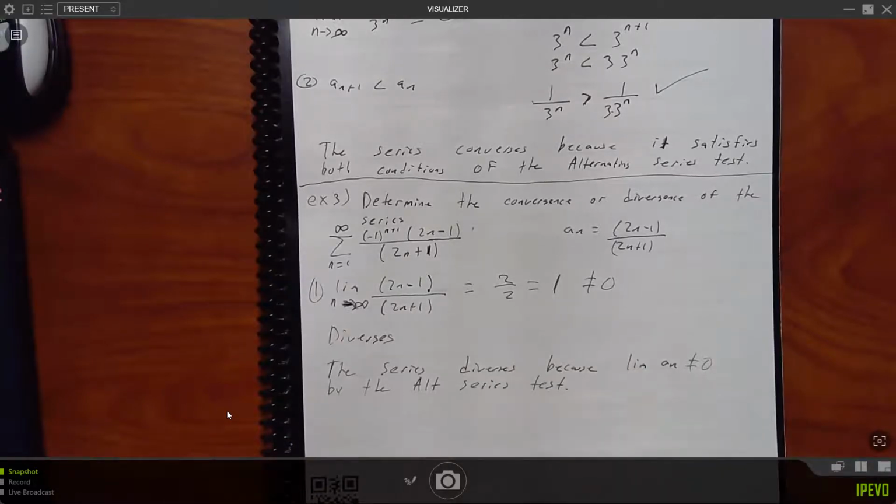Yeah, that's fine. But then this is 0. It has to be equal to 0, otherwise it doesn't satisfy number 1.